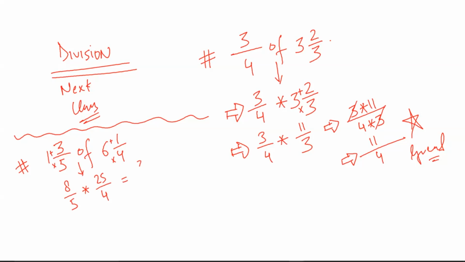I can write this as 8 into 25 whole upon 5 into 4. What are the common factors, Mr. Sarthak? 4. So 4 1s are 4, 4 2s are 8. Any other common factor? 5. Very nice. 5 1s are 5, 5 5s are 25. 10 is the final answer, Mr. Sarthak. Very nice. Good job.